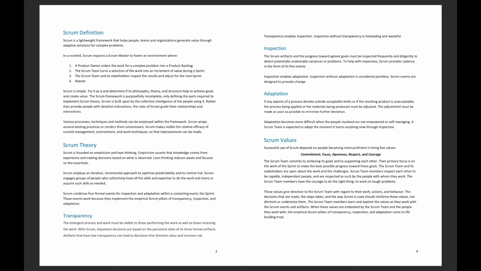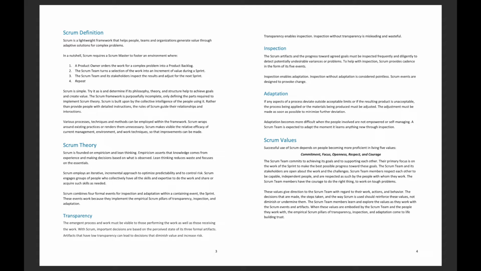The Scrum team and its stakeholders are open about the work and the challenges. Scrum team members respect each other to be capable, independent people and are respected as such by the people with whom they work. The Scrum team members have the courage to do the right thing, to work on tough problems.